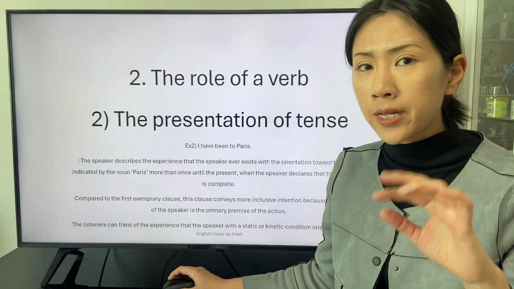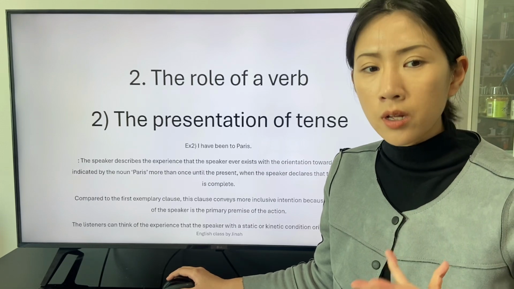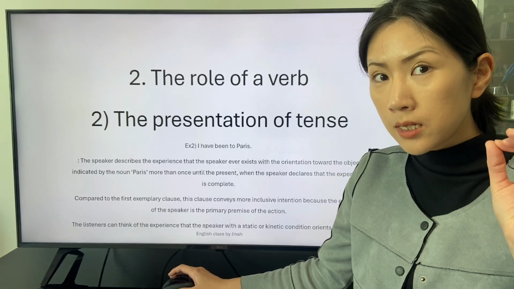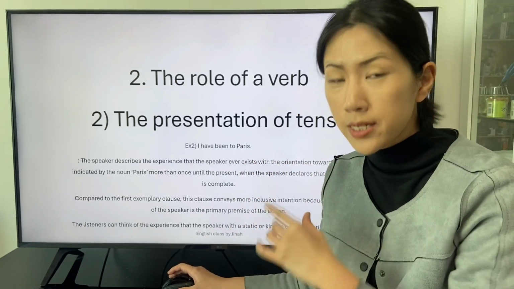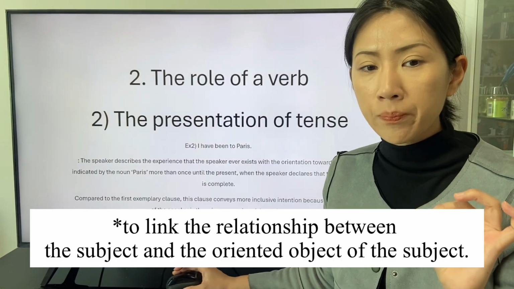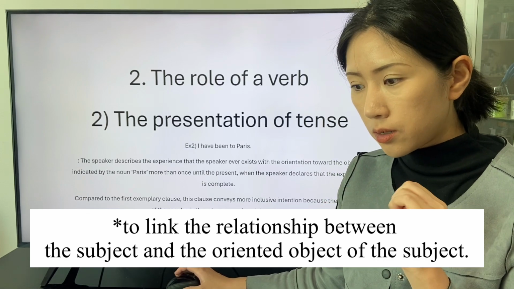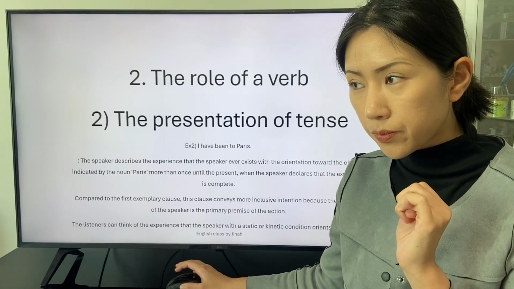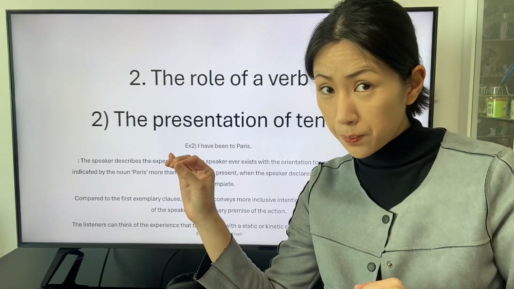The reason why the two exemplary clauses deal with the orientation toward the same object indicated by the noun Paris is the preposition to. The subject of the preposition to orients to an object of the preposition.